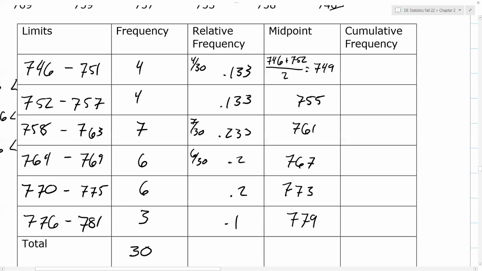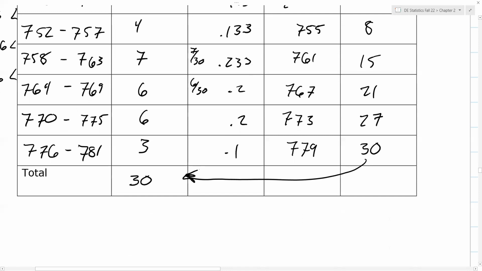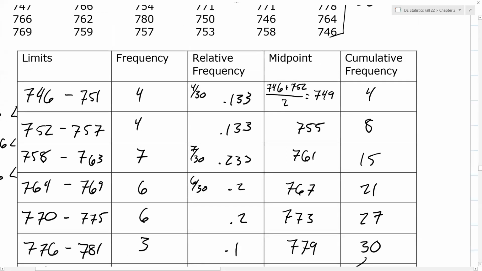And as always, your last row in cumulative frequency needs to equal the total frequency. And that is how we create a continuous or large range of discrete value frequency distribution.